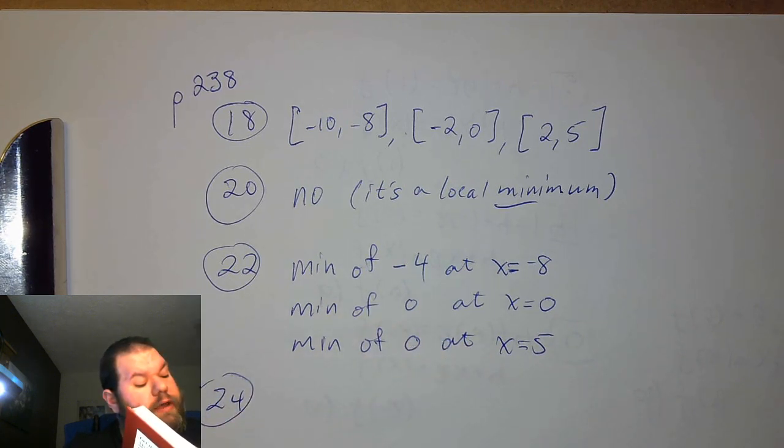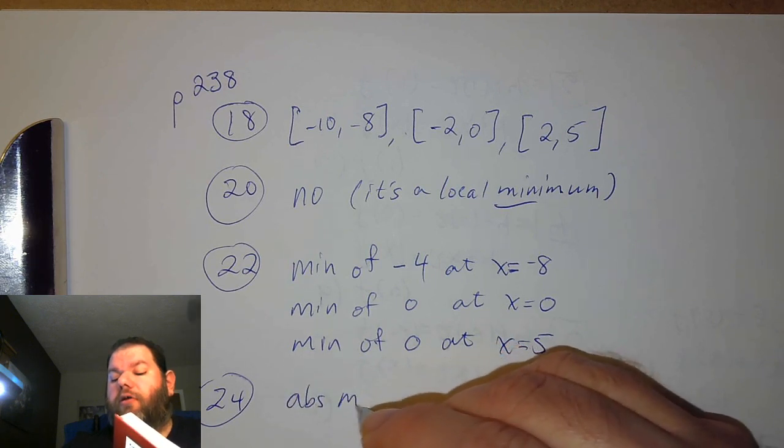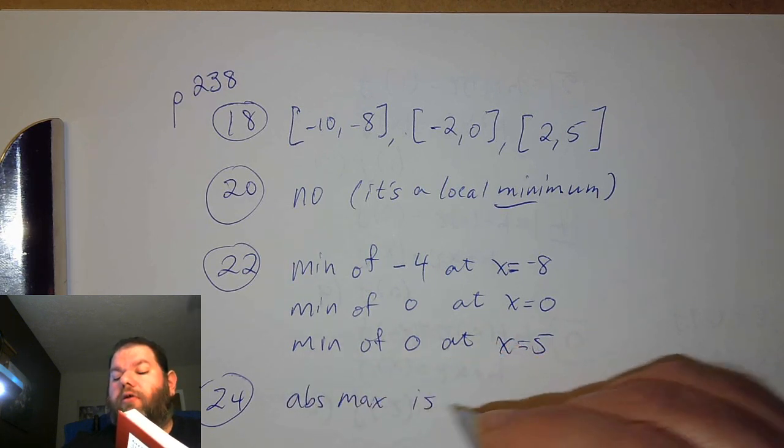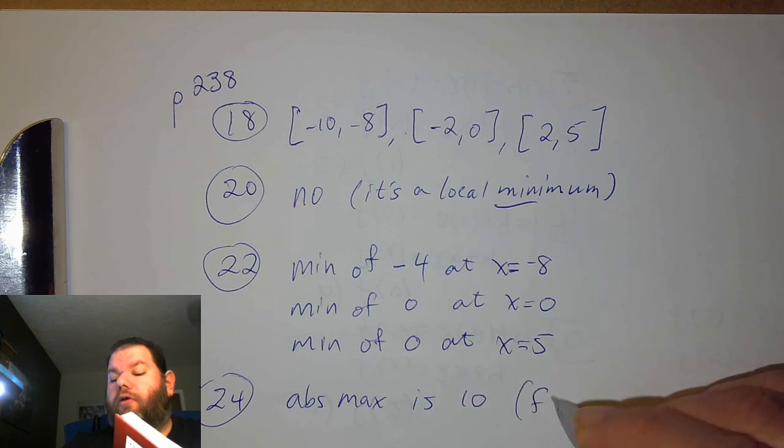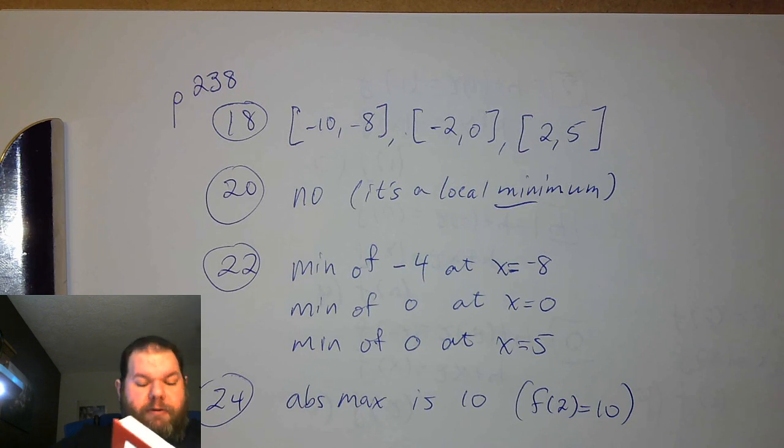Let's see, 24, the absolute maximum will be 10. f of 2 equals 10. Oh, and 23 also. Find the absolute minimum. Okay.